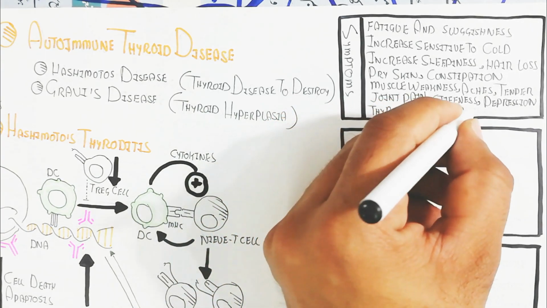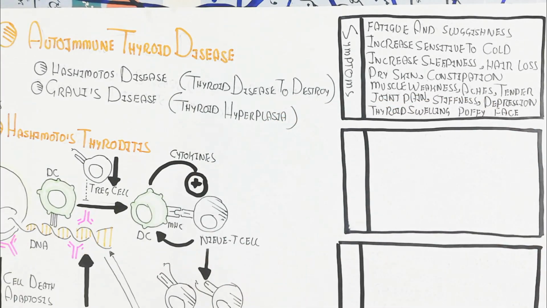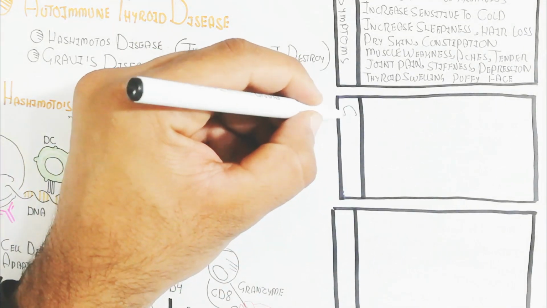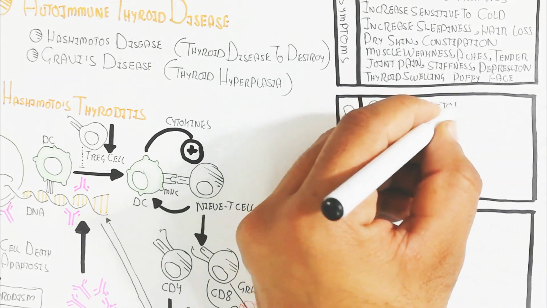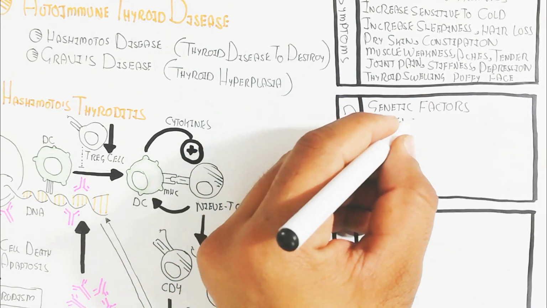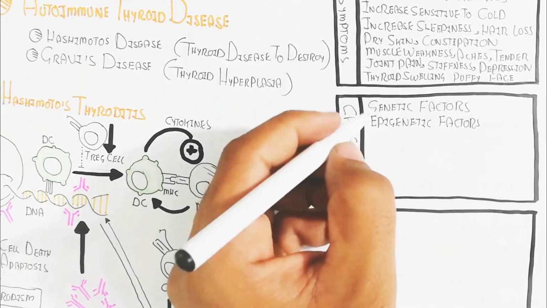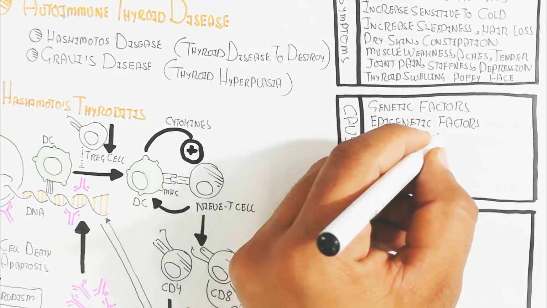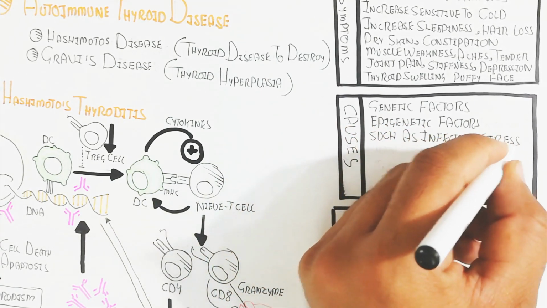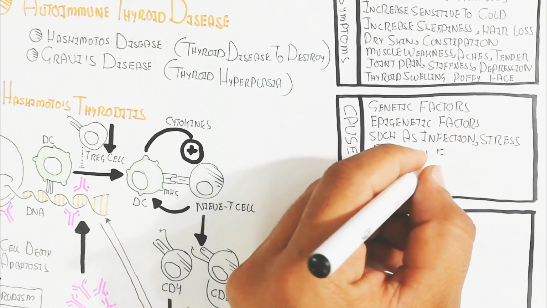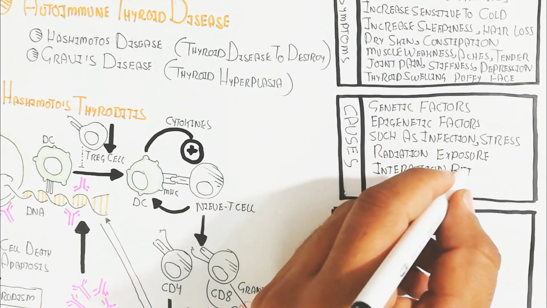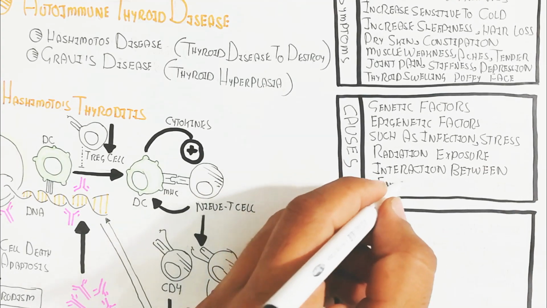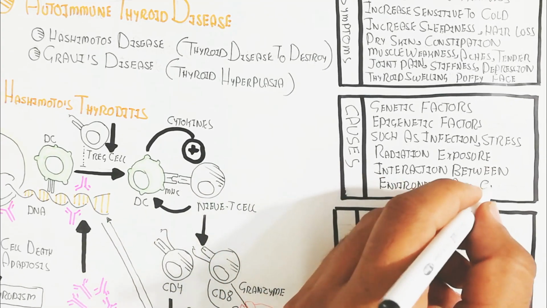Let's understand the causes of autoimmune thyroid disease, especially Hashimoto's thyroiditis. Hypothyroidism, and also hyperthyroidism, is due to genetic factors. Epigenetic and environmental factors are involved, such as infection, stress, and radiation exposure, as well as interaction between environment and genetics, which cause autoimmune thyroid disease.